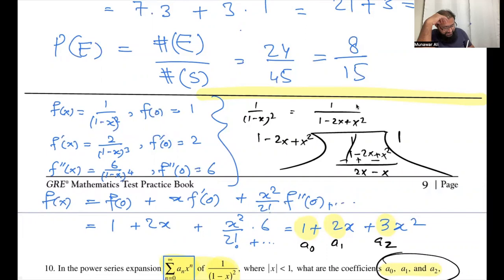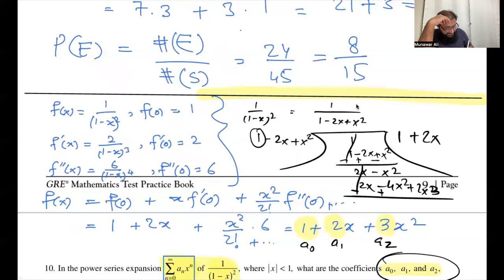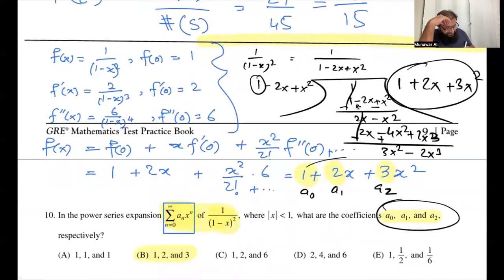This becomes 2x minus x square. Then just multiply this 1 by 2x. So this becomes 2x minus 4x square plus 2x cube. Then you have to subtract. This becomes 3x square minus 2x cube. Then you just go ahead and multiply by 3x square, and you can see the 3 terms that you got are the same as this.